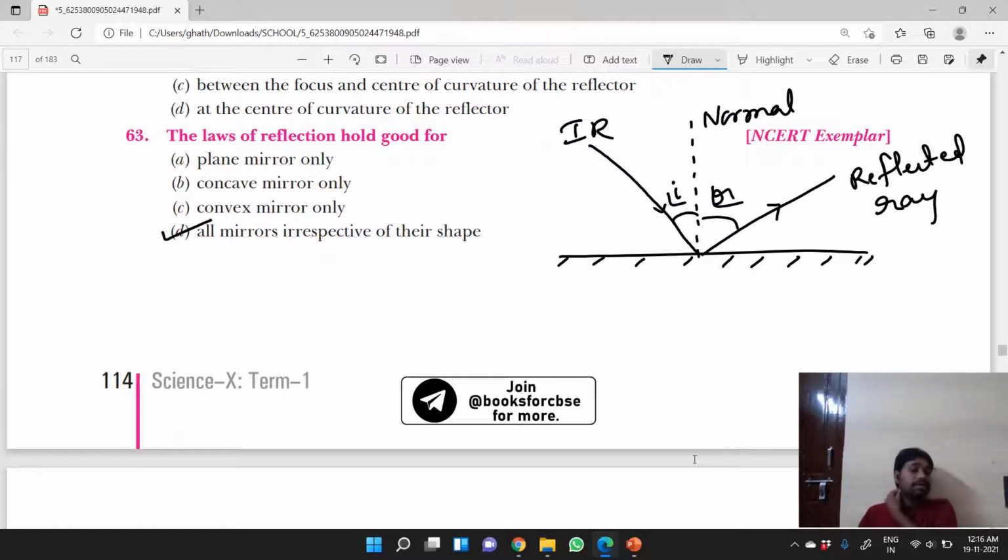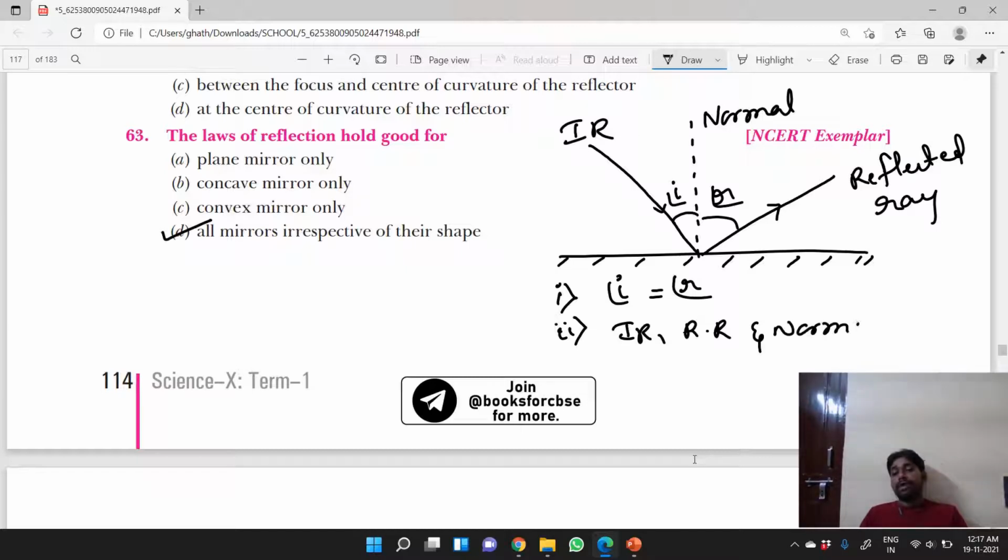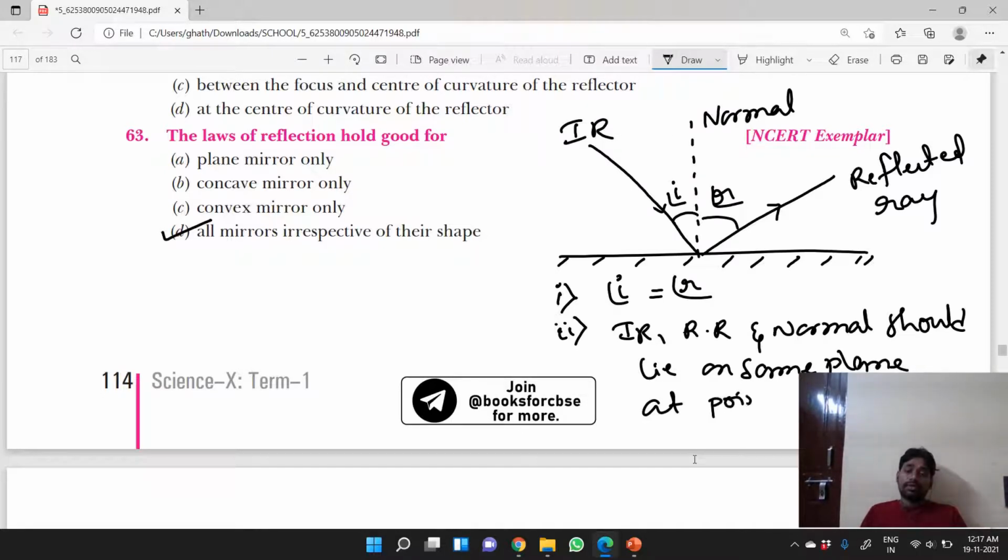Then these are the laws of reflection. What are the laws? First law: the angle of incidence is always equal to the angle of reflection. Second law: the incident ray, the reflected ray, and the normal lie on the same plane at the point of incidence.